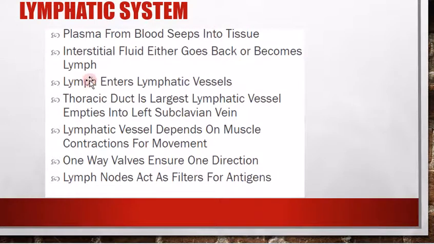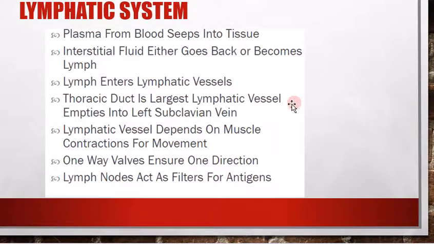These do not remain in the tissue all the time, but go back to the blood circulatory system, or go to the lymphatic circulatory system. Once it enters the lymphatic circulatory system, that is called lymph. So lymph enters the lymphatic vessels.